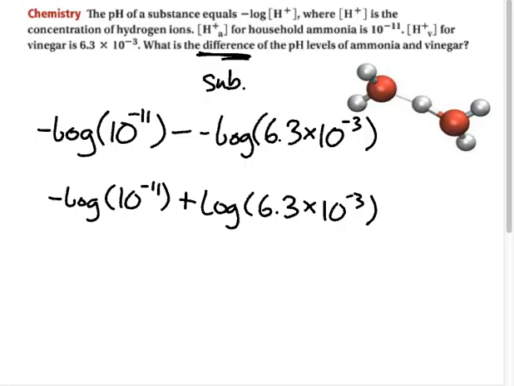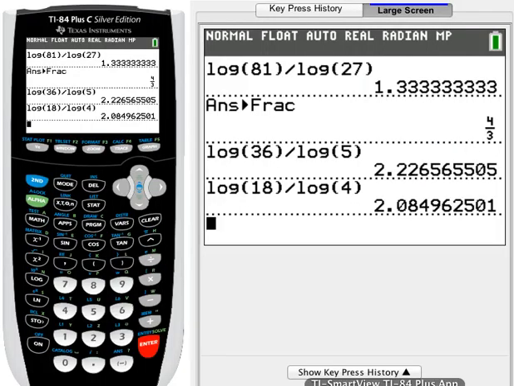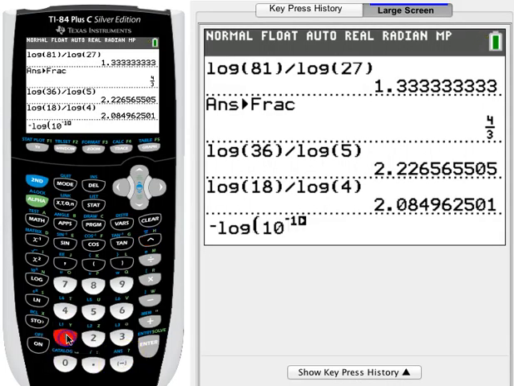Okay, so this one is mainly the setup that you need, but now let's just type it into the calculator. So I have negative log of 10 to the negative 11 plus log of 6.3 times 10 to the negative 3.